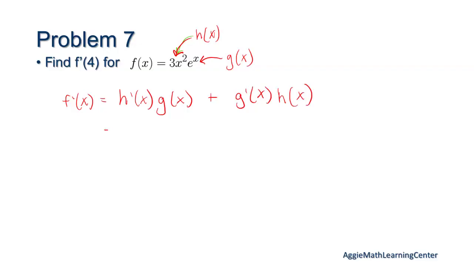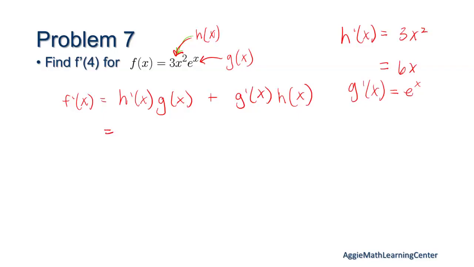Okay. So what's the derivative of my h of x? Maybe I'll write it over here, it'll be neater. That gives me 6x. And then my g prime of x is going to be my friend e to the x, the awesomest function there ever was.